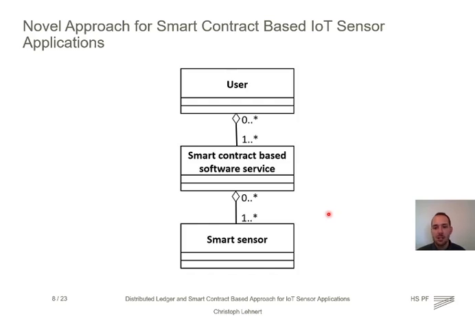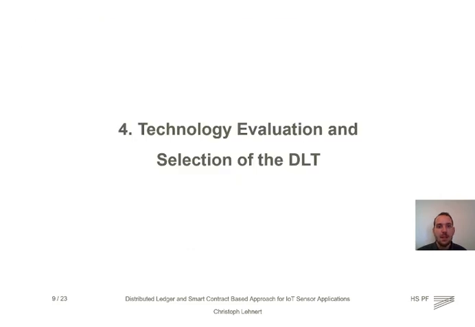Relevant for the selection of the DLT are the criteria which were mentioned on slide 6 in the presentation. The technology evaluation and selection consist out of a rough pre-selection. For the pre-selection of the distributed ledger technology, the most known and most used representatives are considered which are smart contract capable.